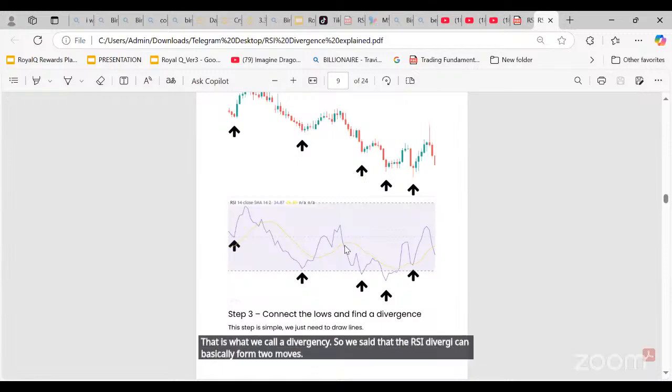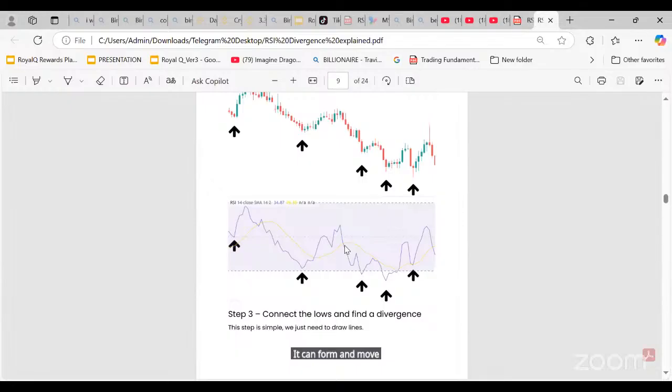It can form and move to the upside, or what we call an upward movement, or it can be moving in a downward movement. So both are common. So we named them in two ways. We called one the bullish divergence, and we called another a bearish divergence.